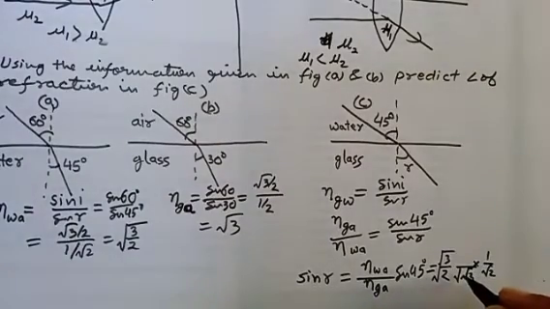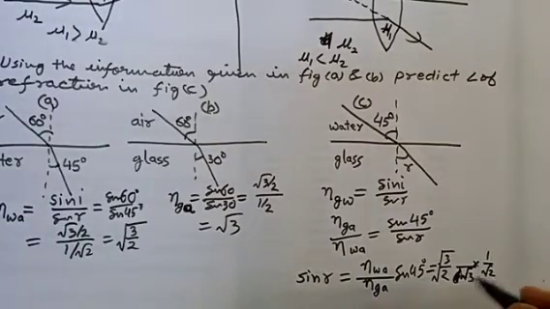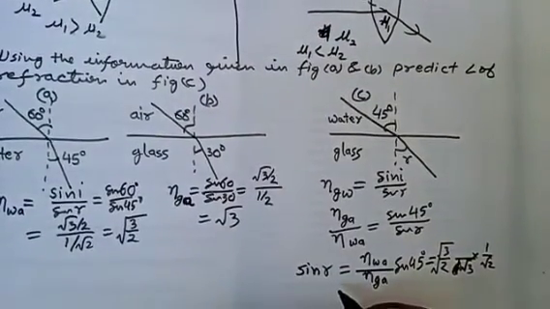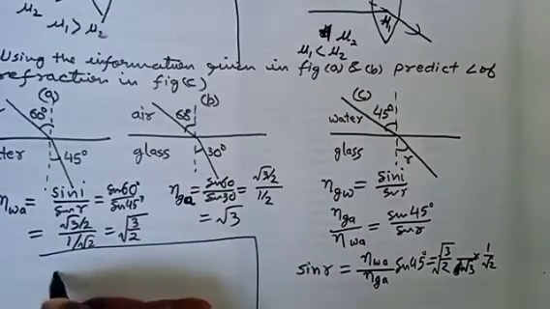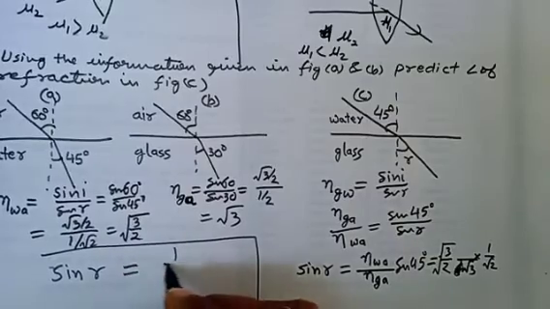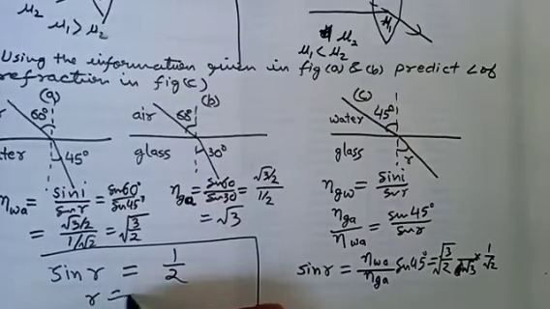Oh, I applied a double root, so these things happen with you people also. This will get cancelled, 1 by root 2 will be multiplied, the rest of it I am doing here. Don't do this in your exam; you can turn the page, I can't. So it is 1 by 2, it means r is 30 degrees.